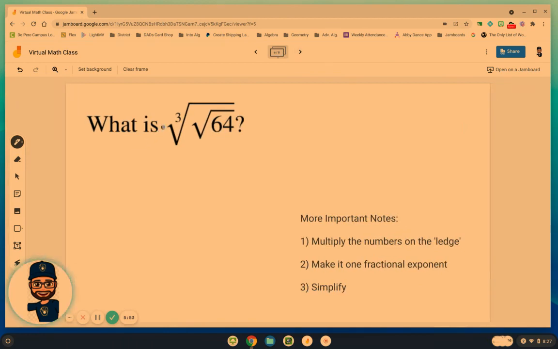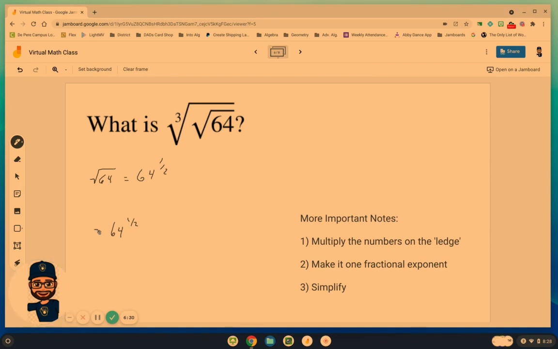Okay, what is the cubic root of the square root of 64? The cubic root of the square root. Well, if I look at the square root of 64, I know it's 8, but I want to look at how we change that to a fraction. Well, we raise it to the 1/2. 64 to the 1/2. Because of that, we can replace that square root of 64 with 64 to the 1/2.